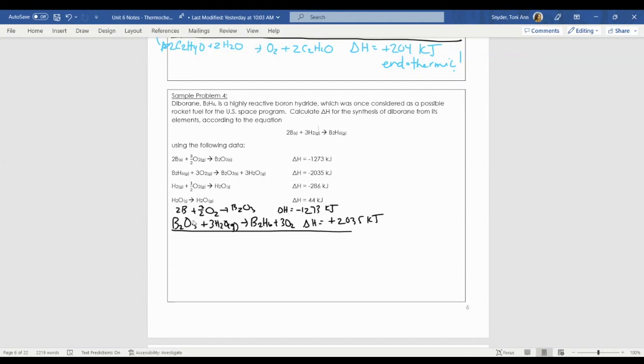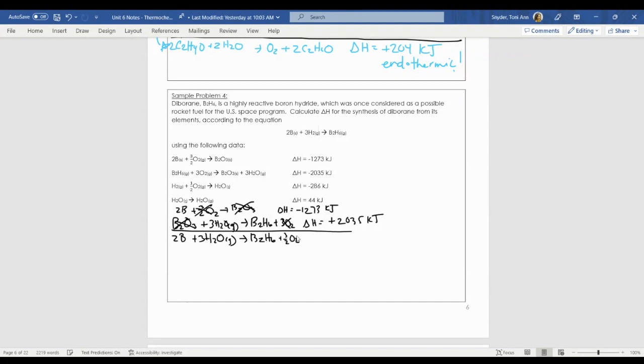If I start canceling here, I have 3 O2s and 1.5, so I'd have 3 over 2 left over. So I have 2 borons plus 3 gaseous water vapor yields B2H6 plus 3/2 O2.